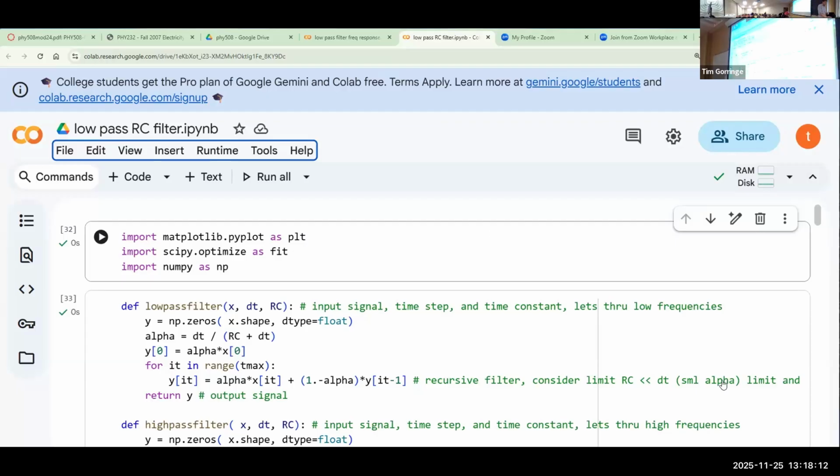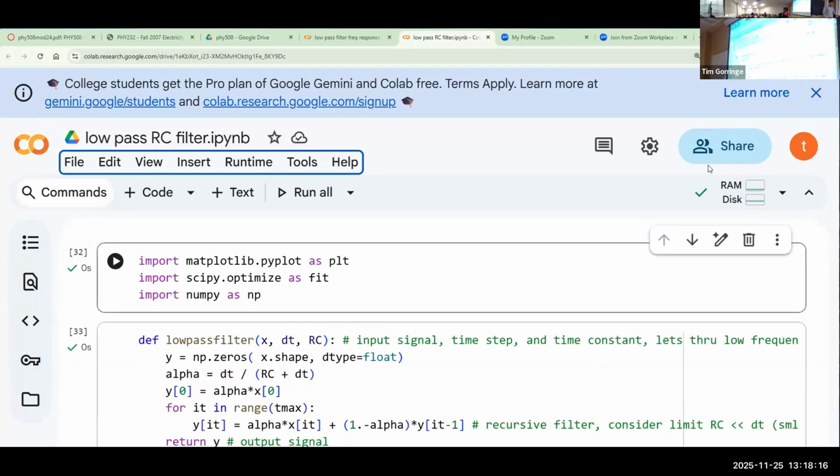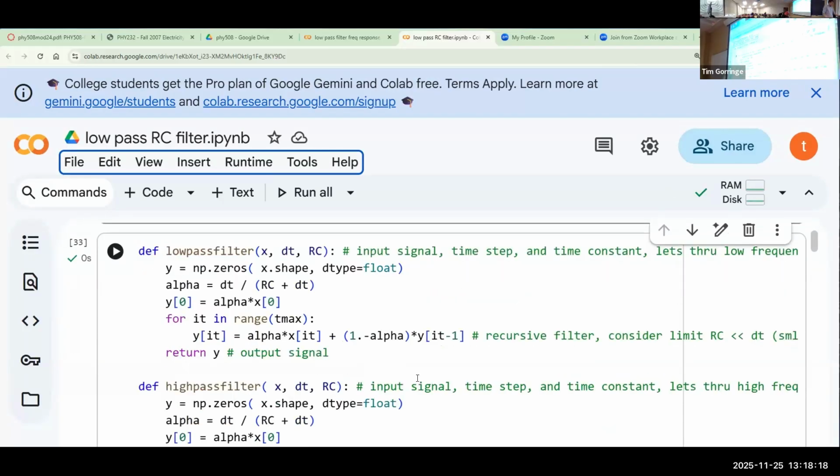So I'll walk through this code a little bit. I'll linger here on the low-pass filter, but there's a high-pass filter here. I'm passing what we were calling X, the input array, and it's going to return Y, the output array.